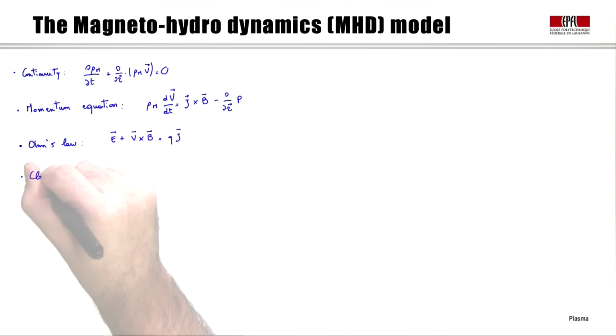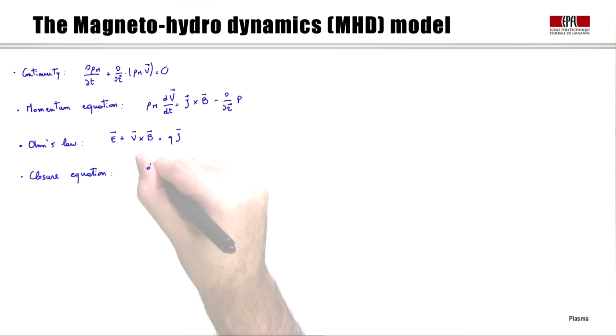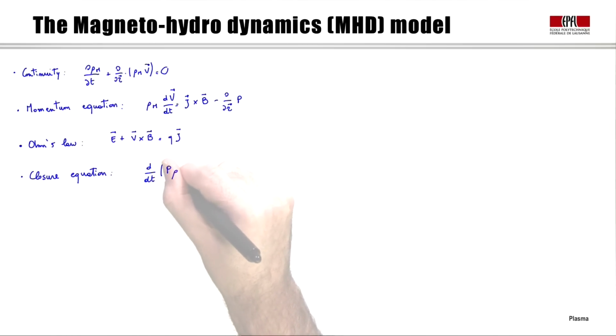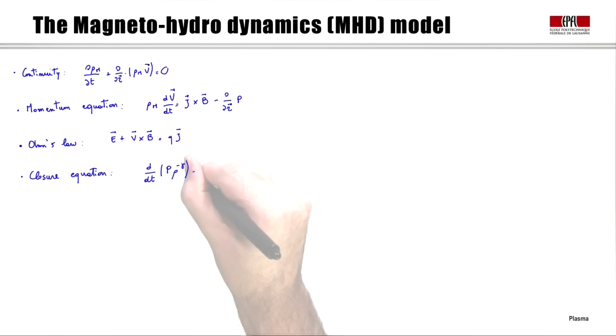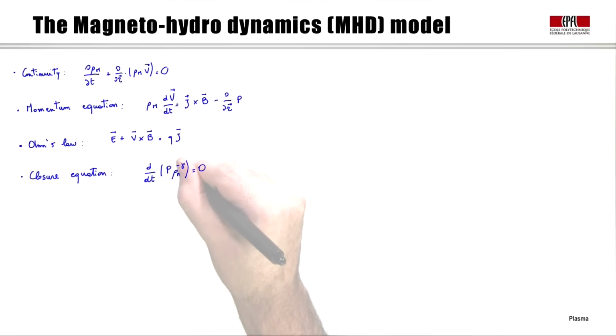Then there is a closure equation, which in the simplest form can be written as d over dt of the pressure times the mass density to the power of minus gamma, where gamma is the polytropic index, equal to 0.